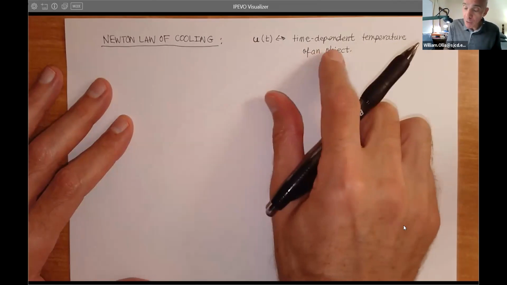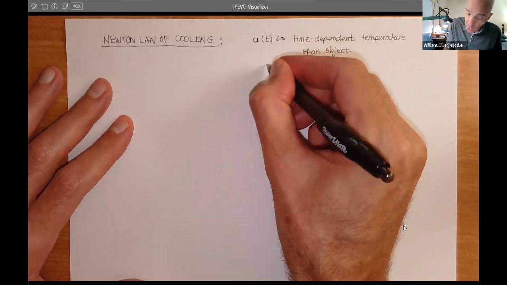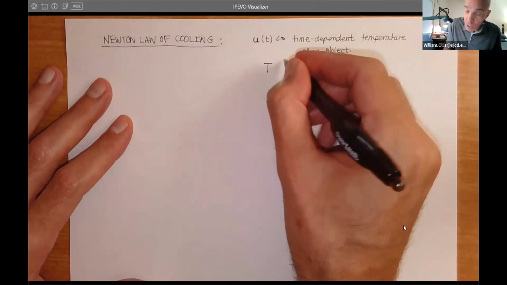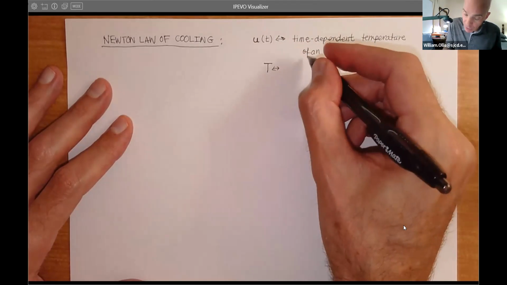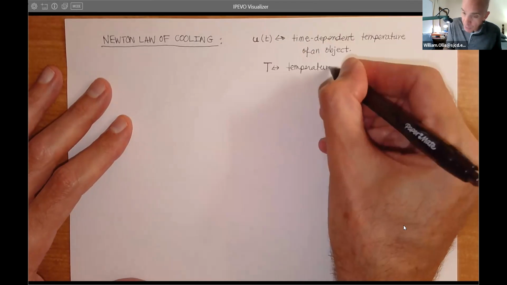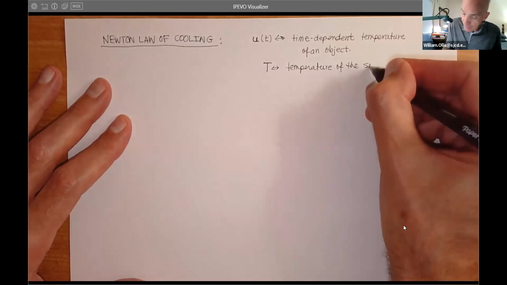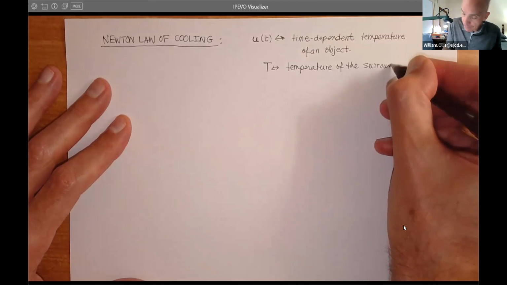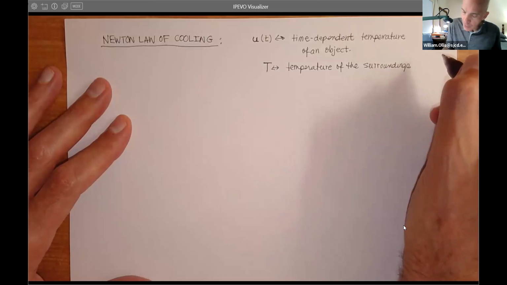So for instance, we have the time-dependent temperature of an object, and what we're going to do is let uppercase T be the temperature of the surroundings. And then let's see what else.